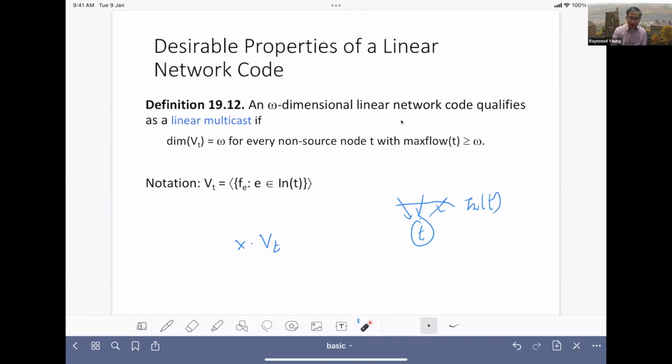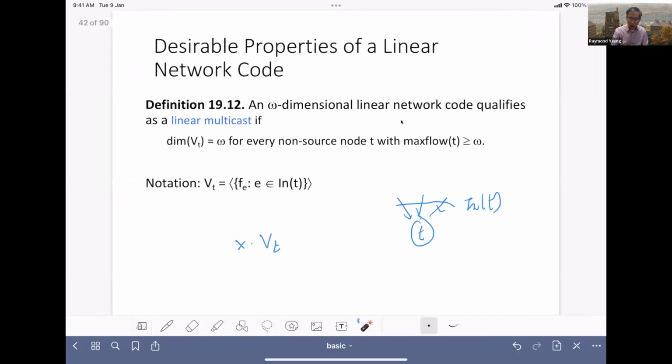So an omega-dimensional linear network code qualifies as a linear multicast if for every non-source node T with max flow at least equal to omega, the dimension of VT is exactly equal to omega, which means that for any node, as long as there is enough max flow from the source node S to that node T, then you would be able to decode the message vector.